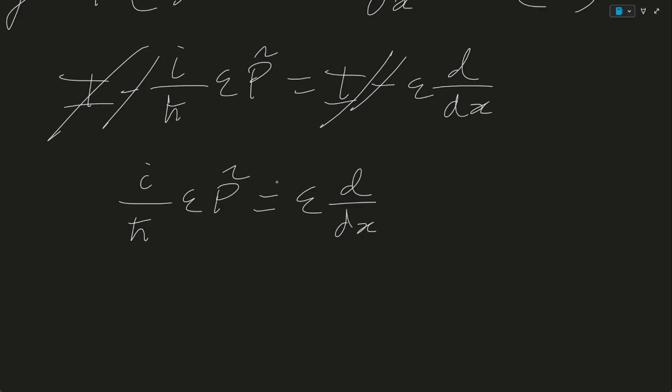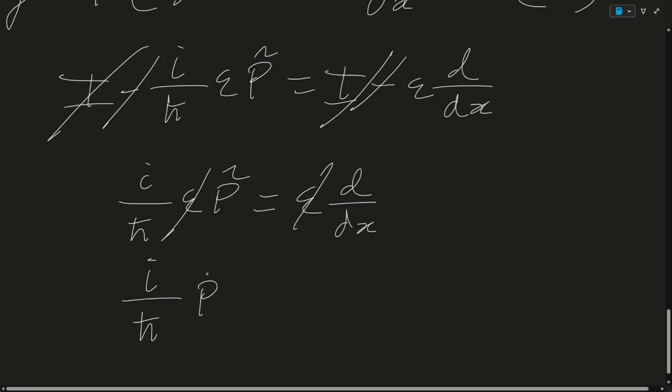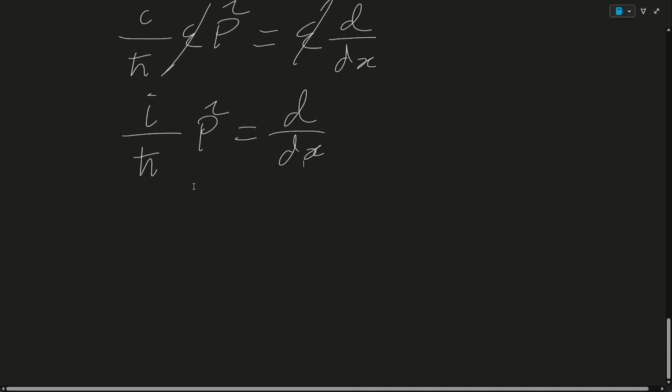Well, this is starting to take more shape. Let's throw some things to some sides. In fact, we can now get rid of this on each side, and we have that I over h bar p hat is equal to d dx.